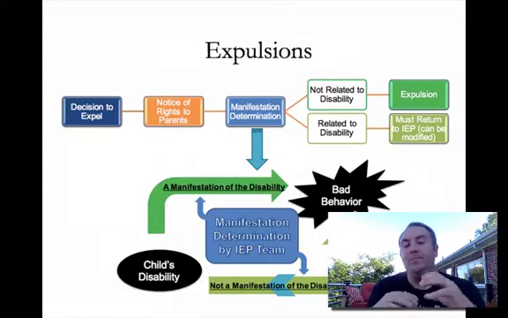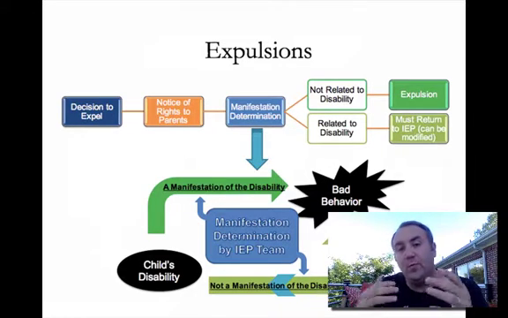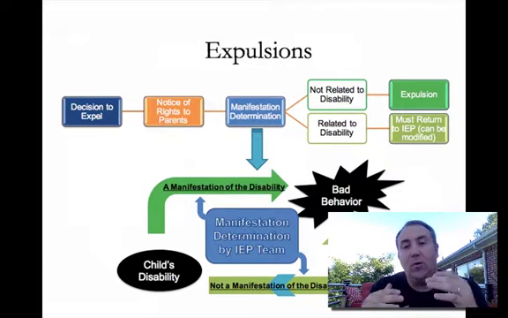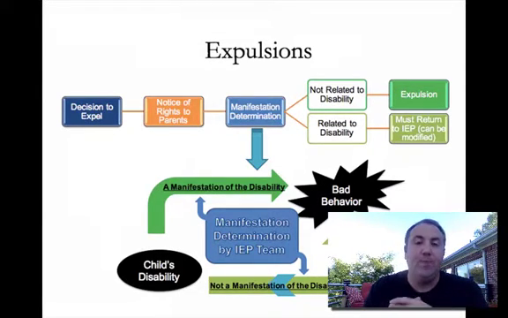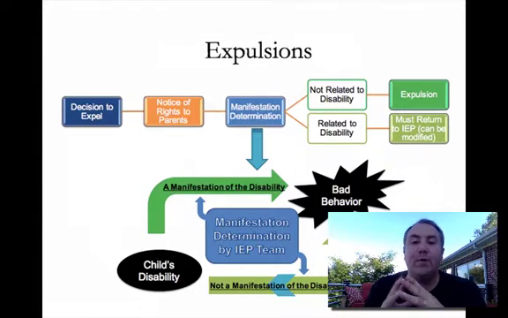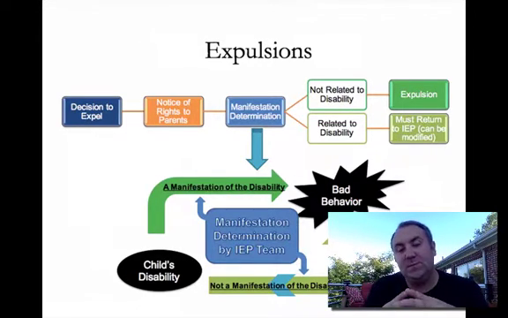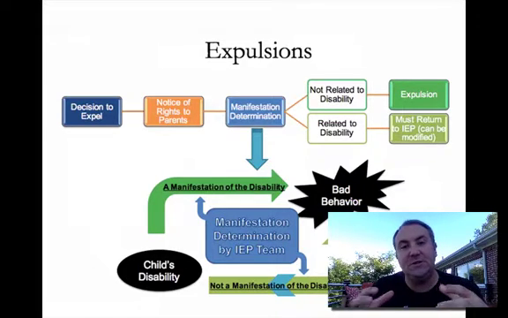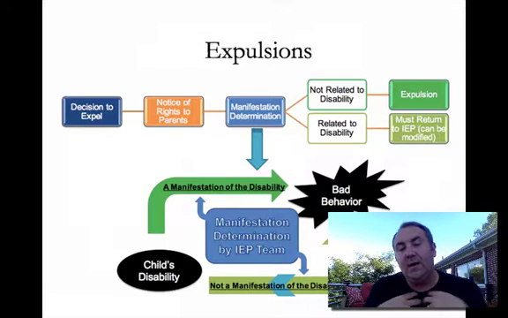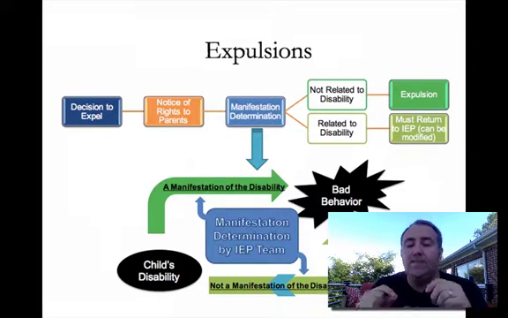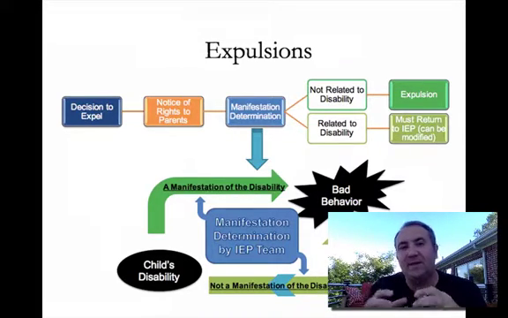Okay? Now, what happens when something super serious happens, like weapons or drugs, or other very serious issues where we might want to consider expelling a student or a longer-term suspension? Then there's a whole separate area of law that kicks in for students with special needs called a manifestation determination, where we really need to determine whether or not the problematic behavior at issue is a manifestation of that child's disability.